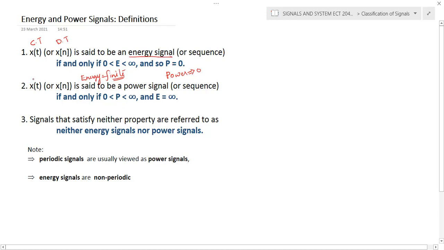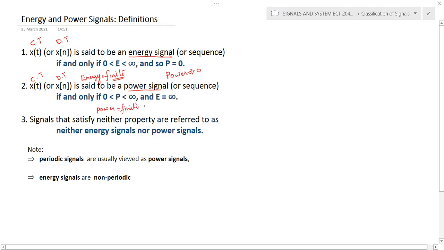Next case: any continuous time signal x of t or discrete time sequence x of n is said to be a power signal if it satisfies this condition: the power P of that signal is between 0 and infinity, meaning again a finite quantity.